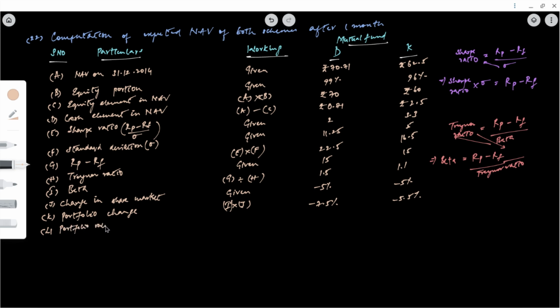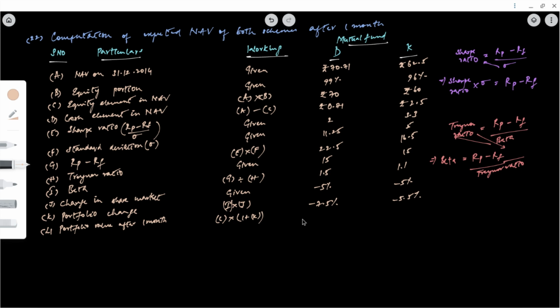Portfolio value after 1 month. This is nothing but equity element in NAV into 1 plus portfolio change. That is, equity element in NAV is C into 1 plus portfolio change, that is K. Right?